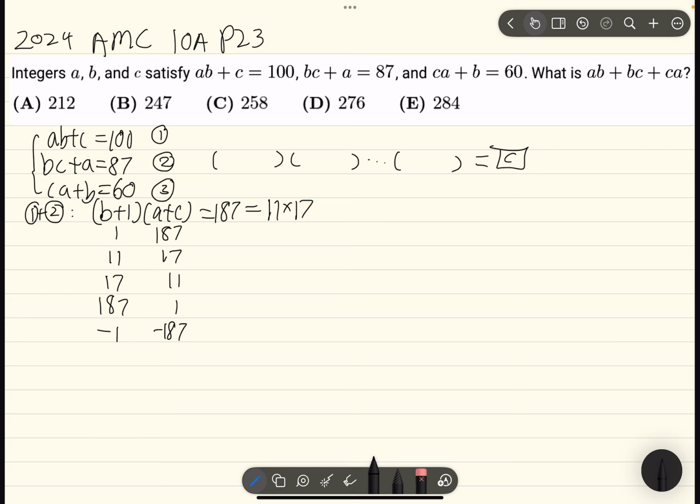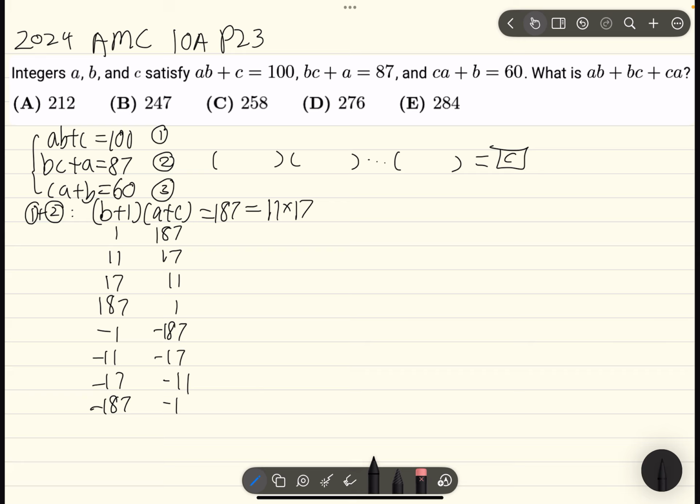And then now we only have 8 cases to do. This might sound like a lot, but for problem 23, which is probably one of the hardest problems in this test, which I don't think so, but it should be, 8 cases isn't that much, especially when they're all integers and you can just guess everything out.